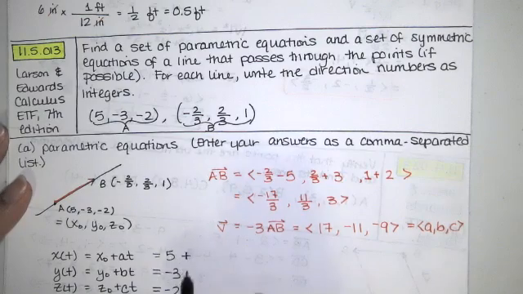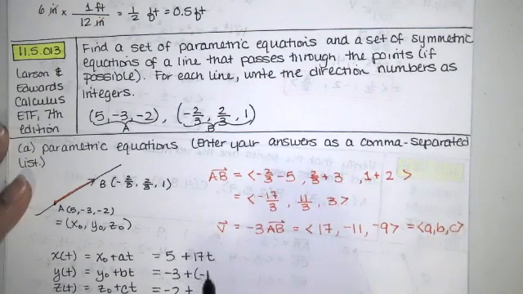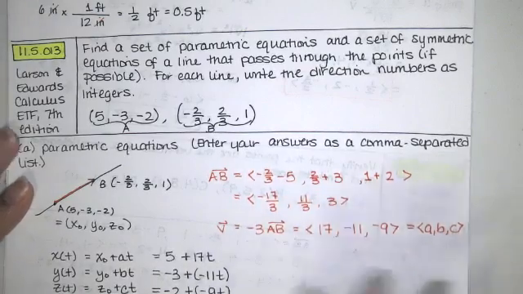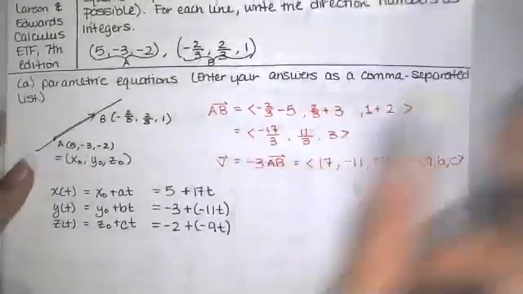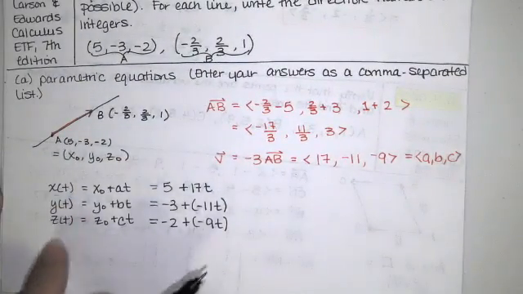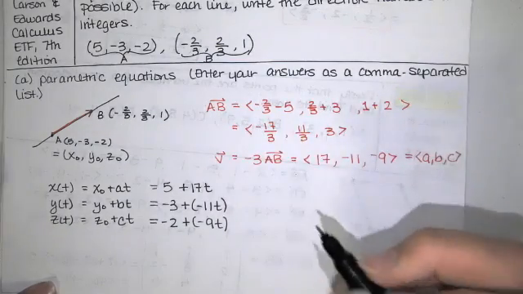And then we're adding 17 times t for our x value, and we have a negative 11 times t for our y and negative 9 times t. So those are my parametric equations, but the way we enter them in WebAssign is like this. They don't like to write x of t, y of t, z of t. They say enter your answers as a comma separated list.